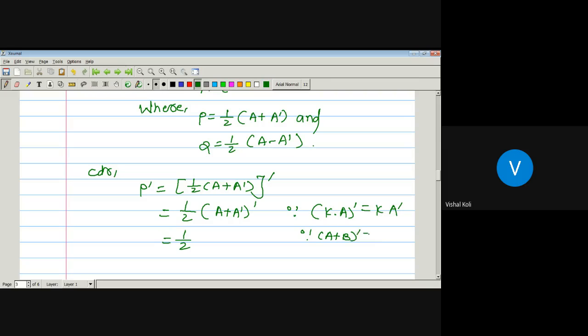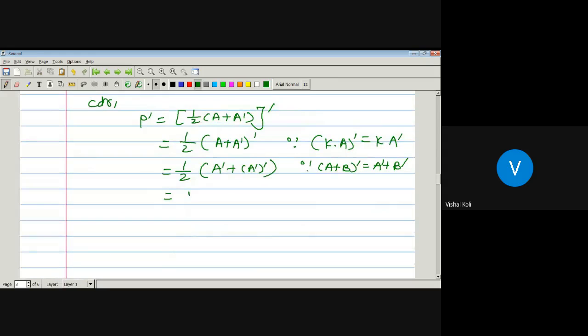Which is equal to 1 by 2, and we know that the transpose of (A plus B) is A transpose plus B transpose. So which is nothing but 1 by 2 (A transpose plus (A transpose) transpose). We know that the transpose of the transpose is the original matrix, so (A transpose) transpose is A. It can be written as 1 by 2 (A plus A transpose), since either we can add A plus B or B plus A, both are the same, that is, matrix addition is commutative.